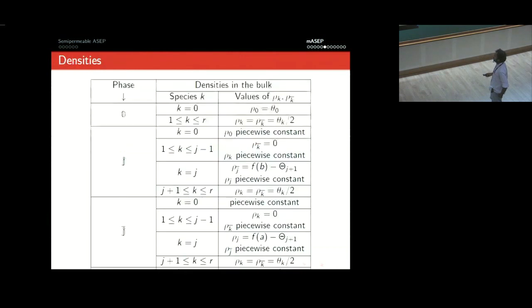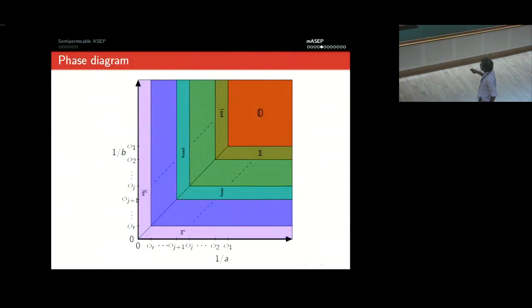Remember, this is in some large dimensional space, but there are so many regions. In each region, we are able to compute the densities, which I've just written for completeness here. I don't expect you to understand everything. But there's the 0 phase, and there are phases 1 bar through r bar and phases 1 through r. So those are all the phases.